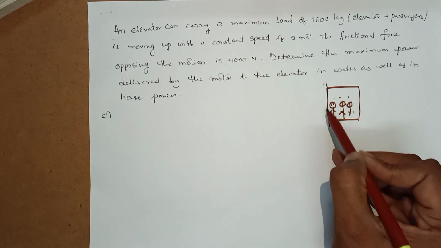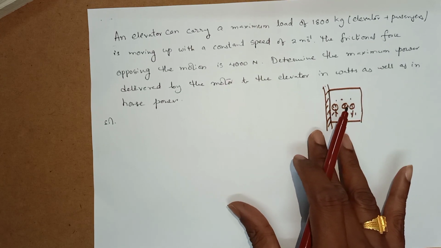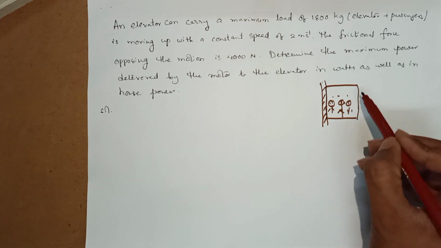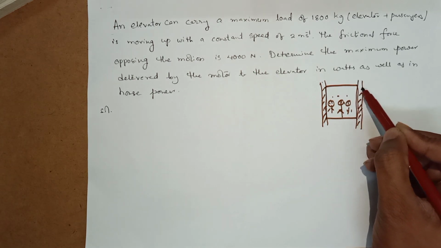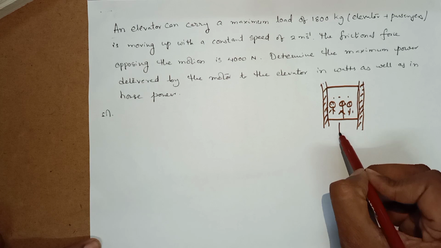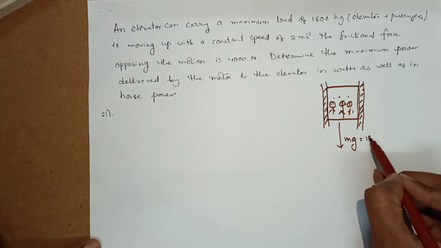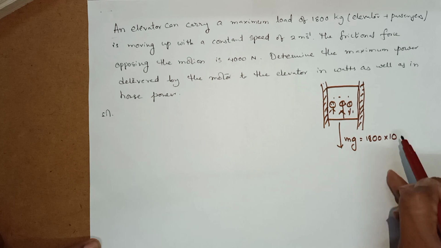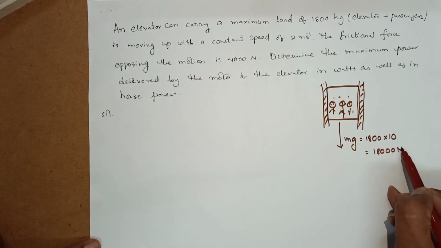This is called a railing. Now the weight, which is mg, 1800 into 10, 18,000 newtons.